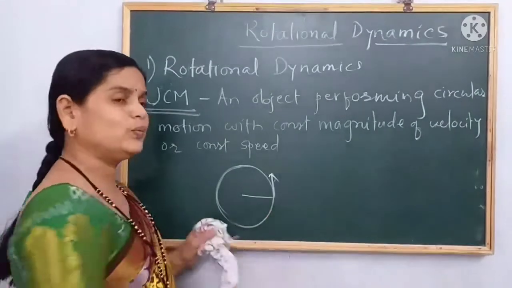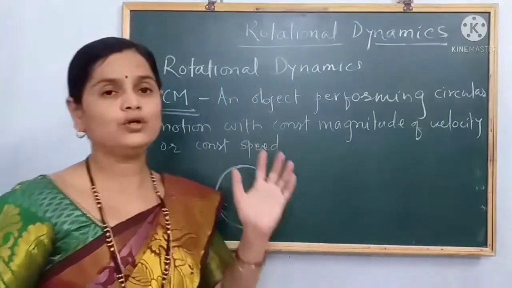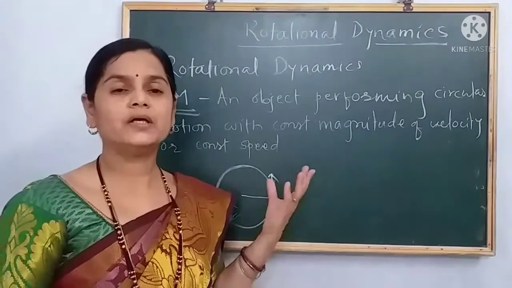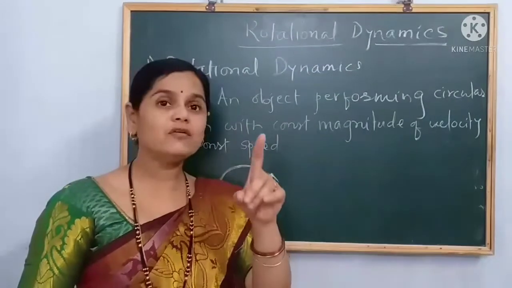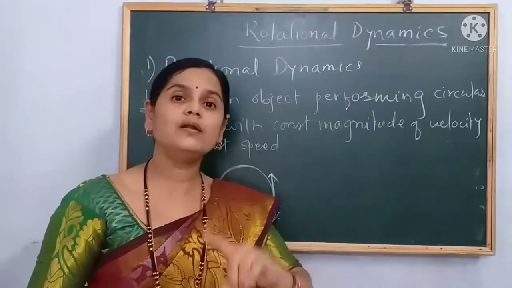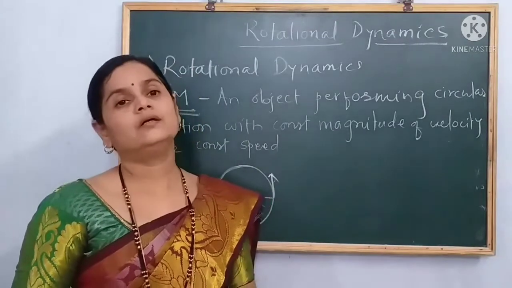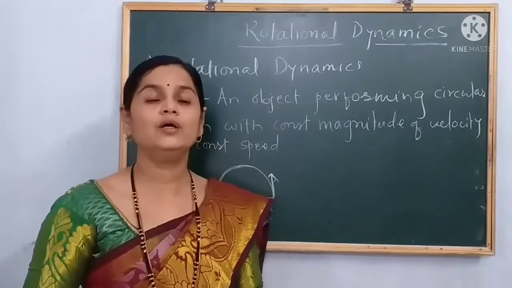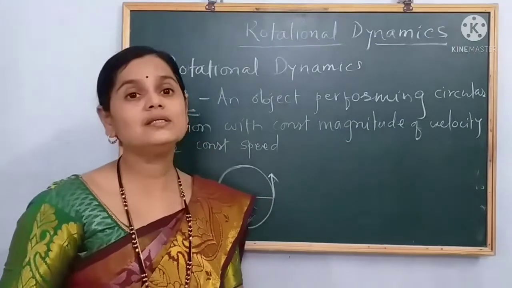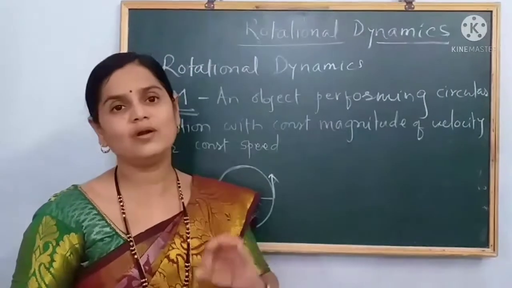Say, the uniform revolution of the earth, or the rotation of the blades of a fan when it reaches uniform speed, this is also a UCM. Or the motion of the tip of the second hand, hour hand or minute hand. All these are examples of uniform circular motion.